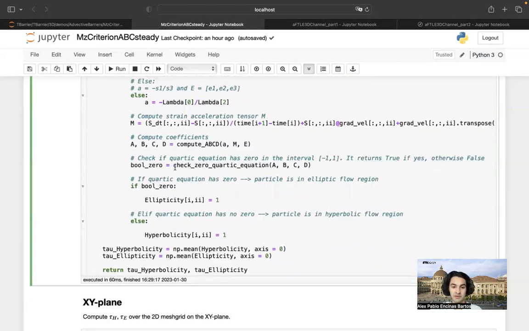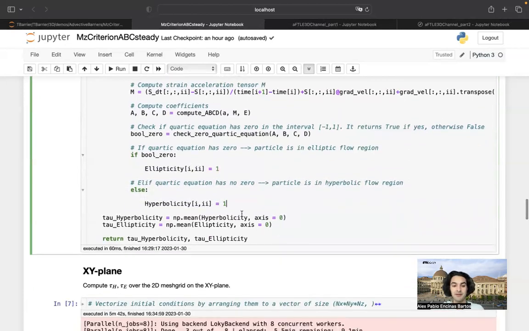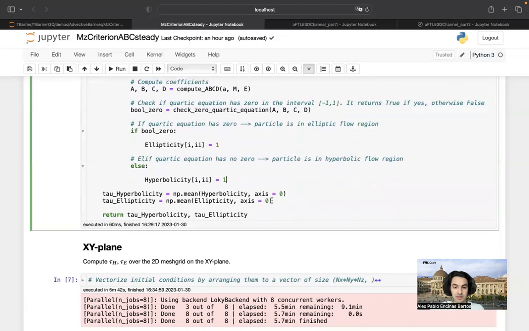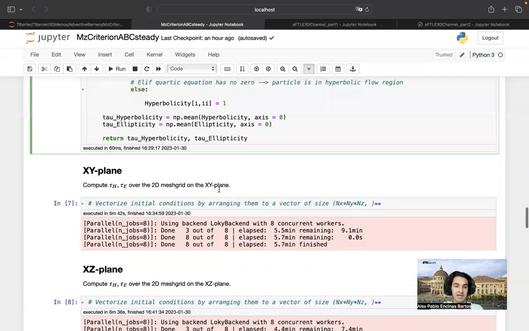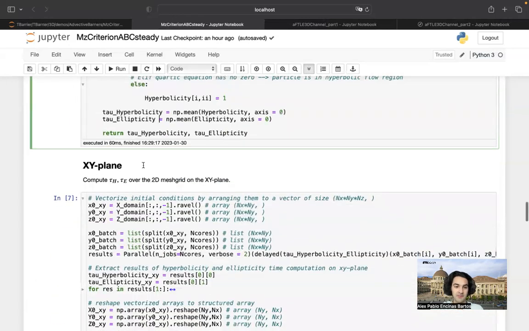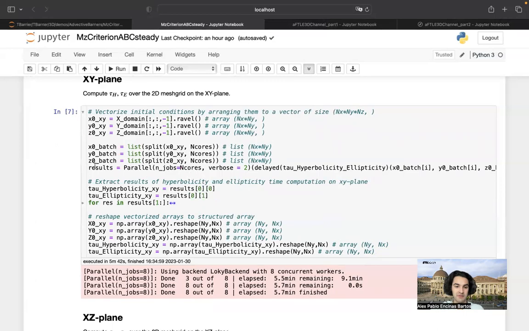So if this function returns true, it means that the quartic equation has in fact zeros in this time interval, and hence the particle is for the moment in an elliptic flow region. If it returns false, the particle is in a hyperbolic flow region. Then we compute the average time spent in hyperbolic and in elliptic flow regions, and we return this to the main script.